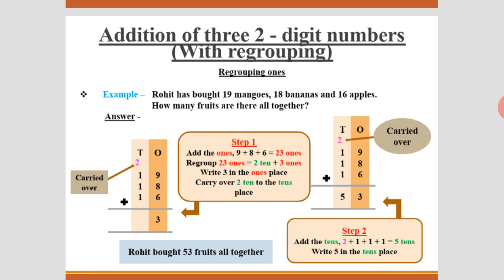Sum of the tens digits is 2 plus 1 plus 1 plus 1, which is equal to 5. Write 5 in the tens column. So we got the number as 53. The sum 19 plus 18 plus 16 is equal to 53. So Rohit bought 53 fruits all together.